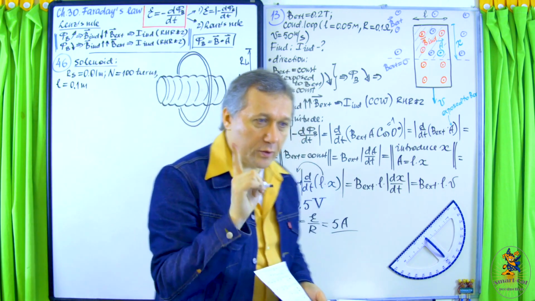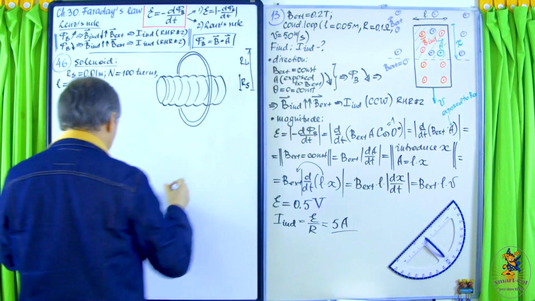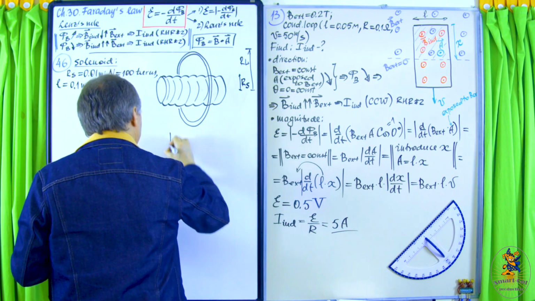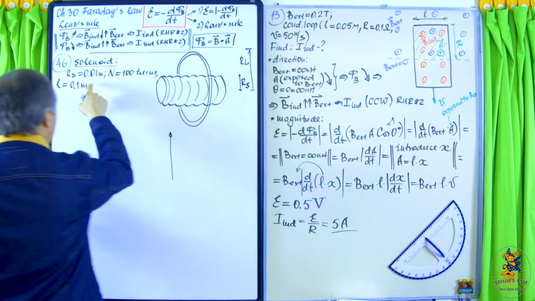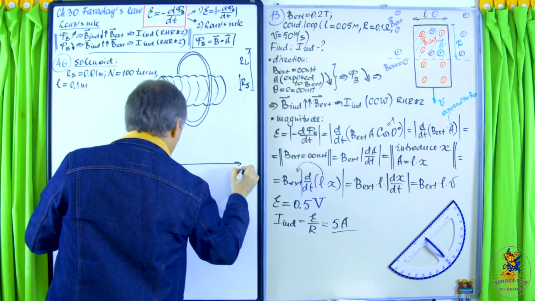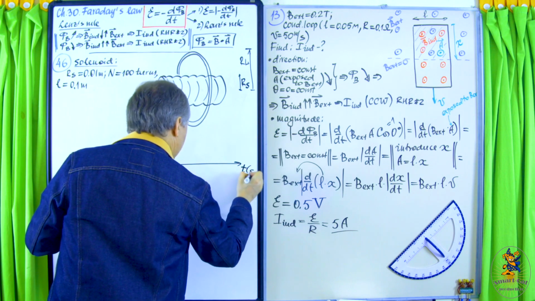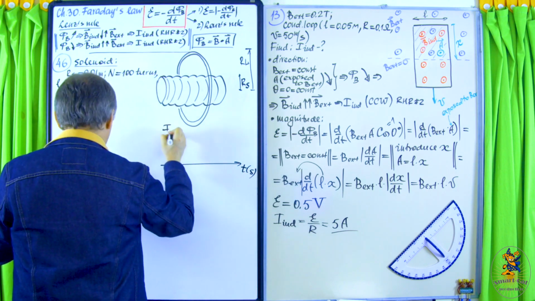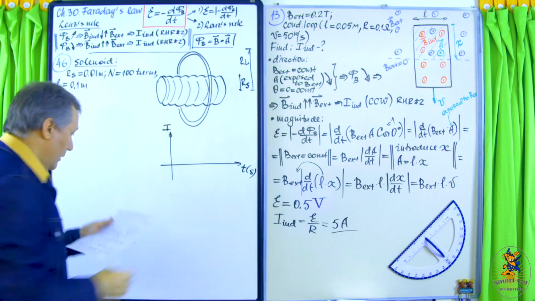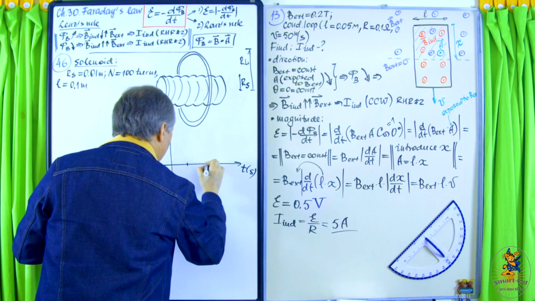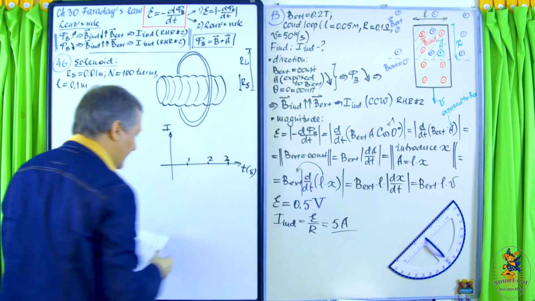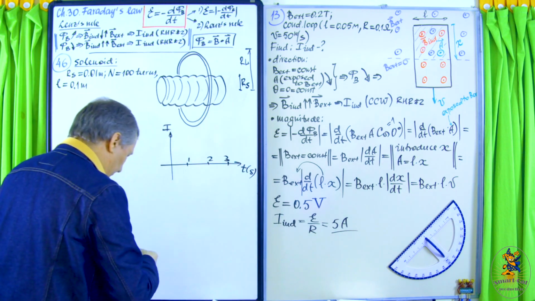And also we know how current changes in time. Let me draw it underneath. Again, it's related to the solenoid. Time in seconds, current in the solenoid. Then 1, 2, 3 seconds. And current changes like this.